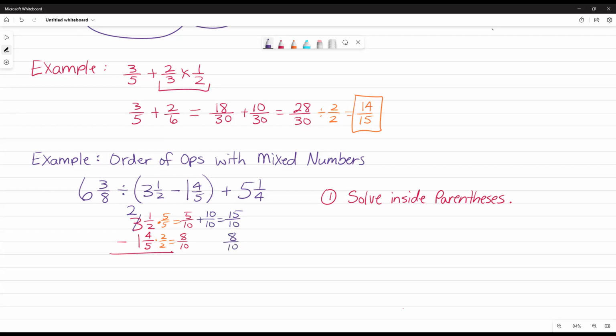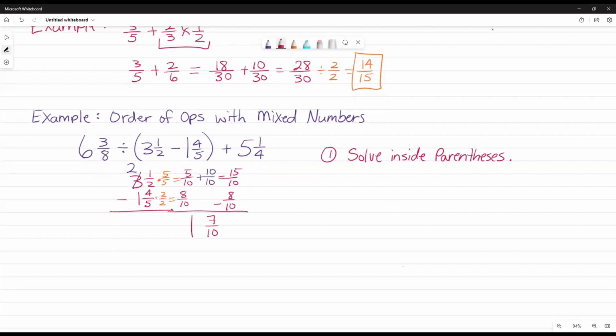And now we can do 15 minus 8. Put that here. All right, and that gives us 7/10. And then 2 minus 1 is 1. All right, so now we have solved inside the parentheses.